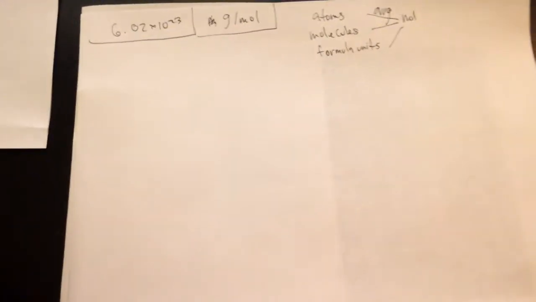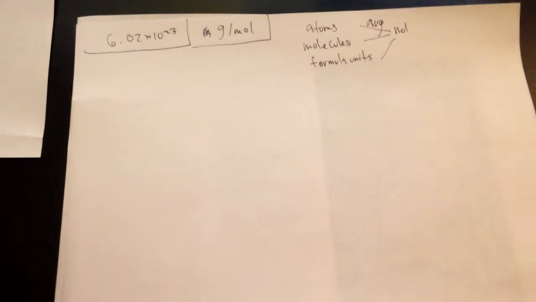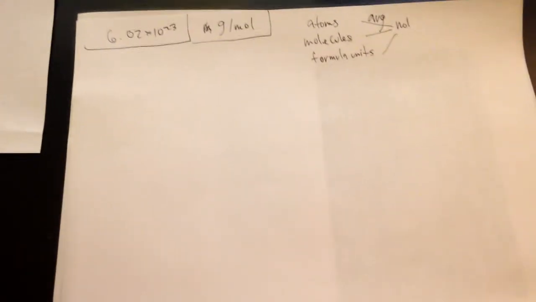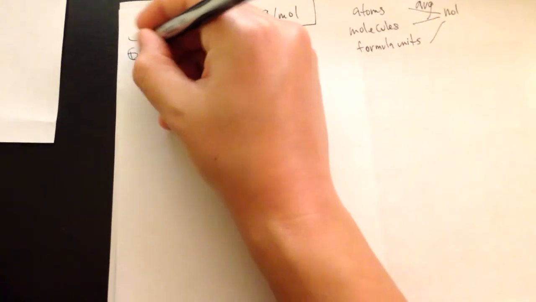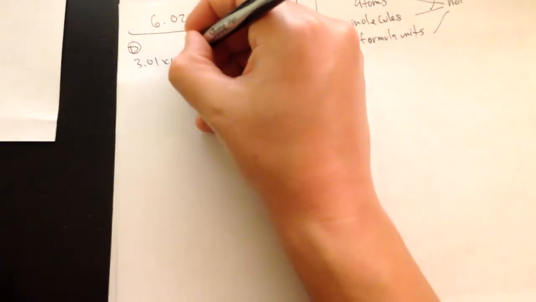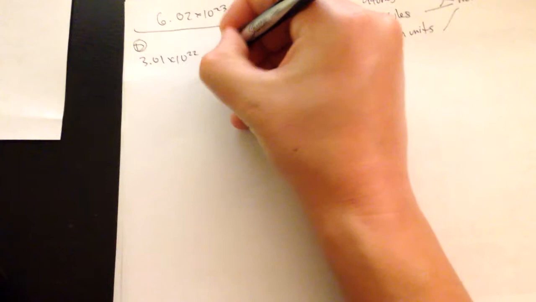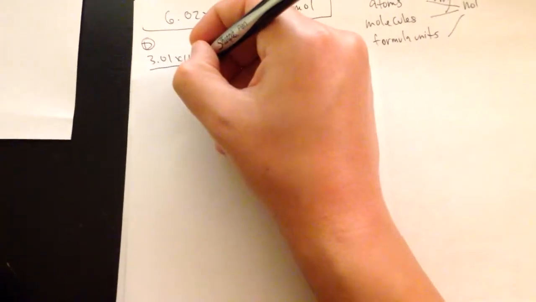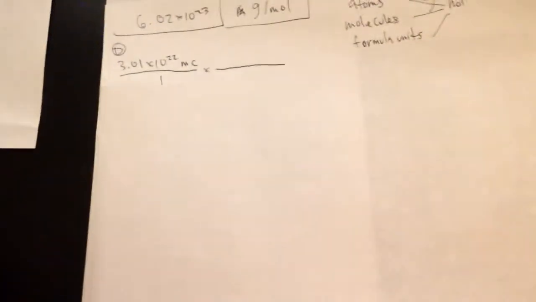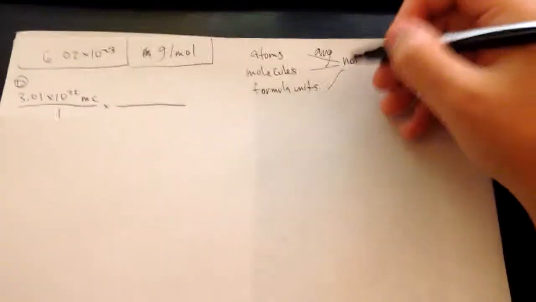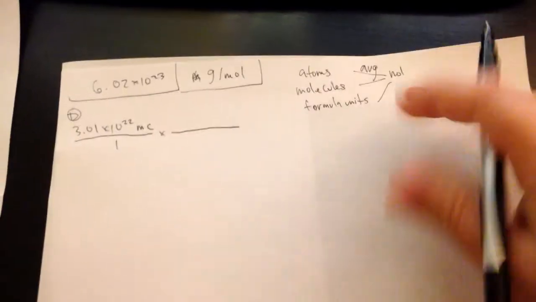That AVG, that's gonna take you between these two. So like number D, it's how many moles of TNT are in 3.01 times 10 to the 22 molecules of TNT. Well, first of all, your number is 3.01 times 10 to the 22 molecules. I'm just gonna write MC because I don't want to write molecules. So we're trying to convert this to moles, but we gotta use that Avogadro's number.